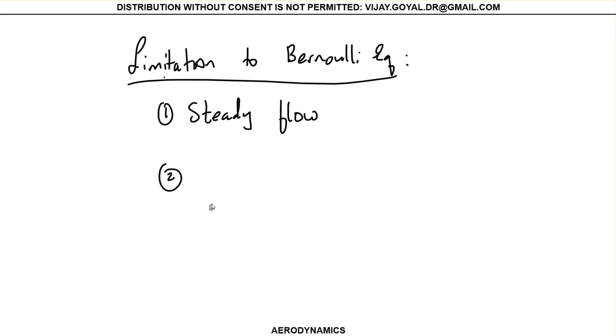So once you start the flow, you're just waiting for it to be steady. If you look at an airplane that is taxiing here, about to take off, you can see that the Bernoulli equation will not apply here. It's going to apply mainly when you're at cruise speed.